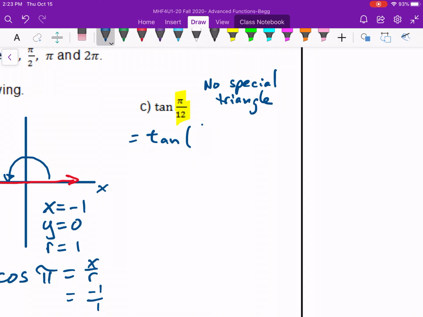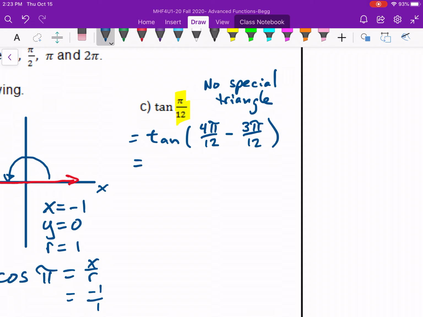4 pi over 12 minus 3 pi over 12. Then when I subtract, 4 pi minus 3 pi equals just pi over 12, same denominator, that would work out. But you may be wondering, why did I choose to make it 4 pi over 12 and 3 pi over 12?